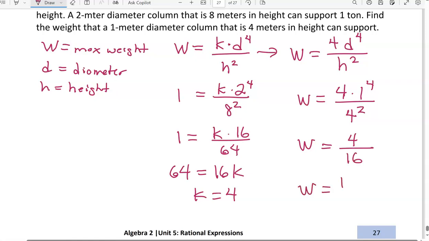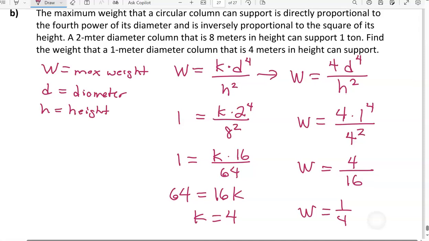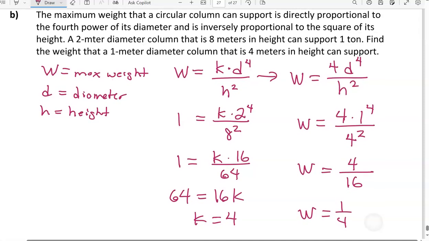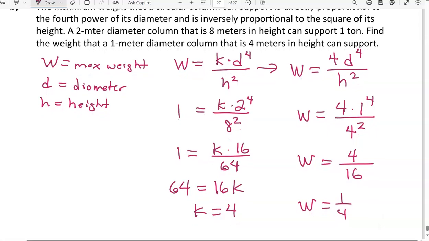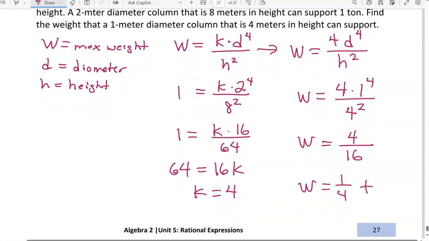So W is equal to 1/4, and W is that maximum weight. Let's take a look at what our maximum weight was measured in before. Maximum weight was measured in tons before, so that would be 1/4 of a ton. That's it for the lesson.